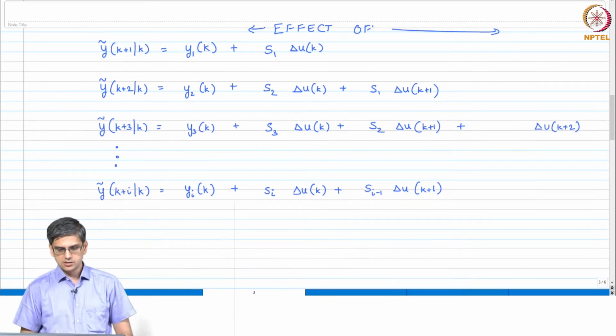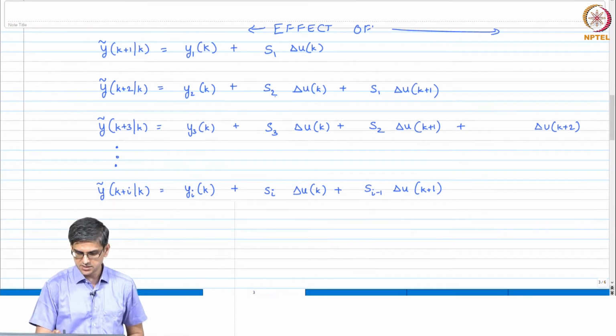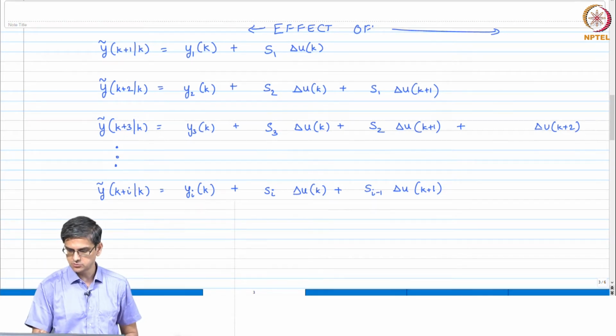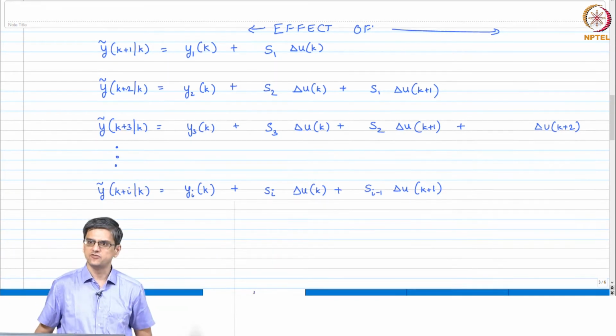See, what happens is k plus 1 should be equal to k plus 2, that is how this follows.